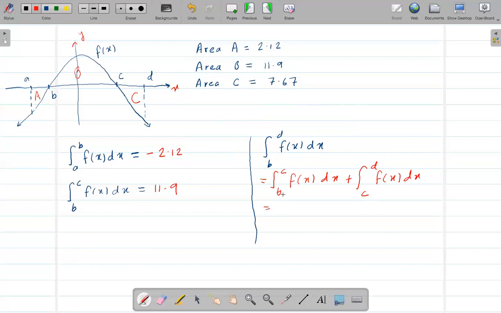For B to C, it's area B, which is 11.9, and it is above the x-axis, so it will be positive. For C to D, the integration is below the x-axis, so it will be negative 7.67. So this will give 4.23.